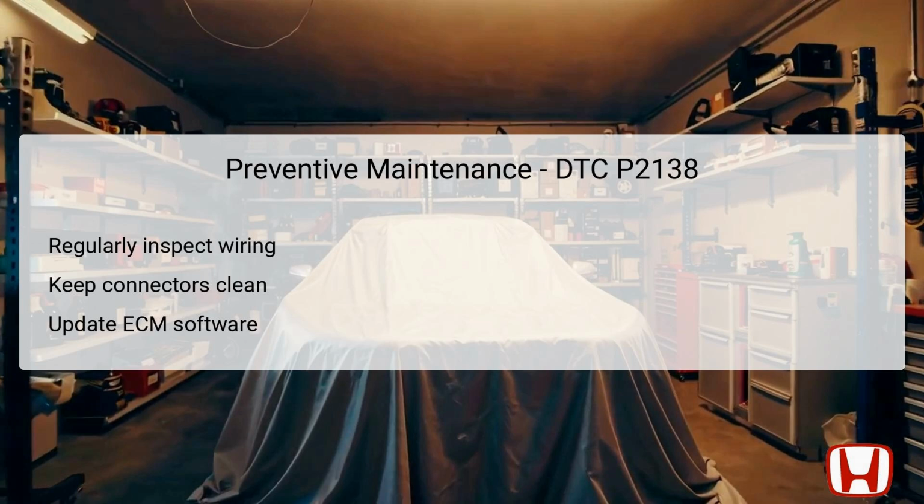Keeping the connectors clean and free from moisture and dirt prevents resistance in the electrical connections and minimizes the risk of short circuits. Additionally, periodic updates to the ECM software through official Honda service channels will help rectify any bugs or performance issues present in earlier versions.